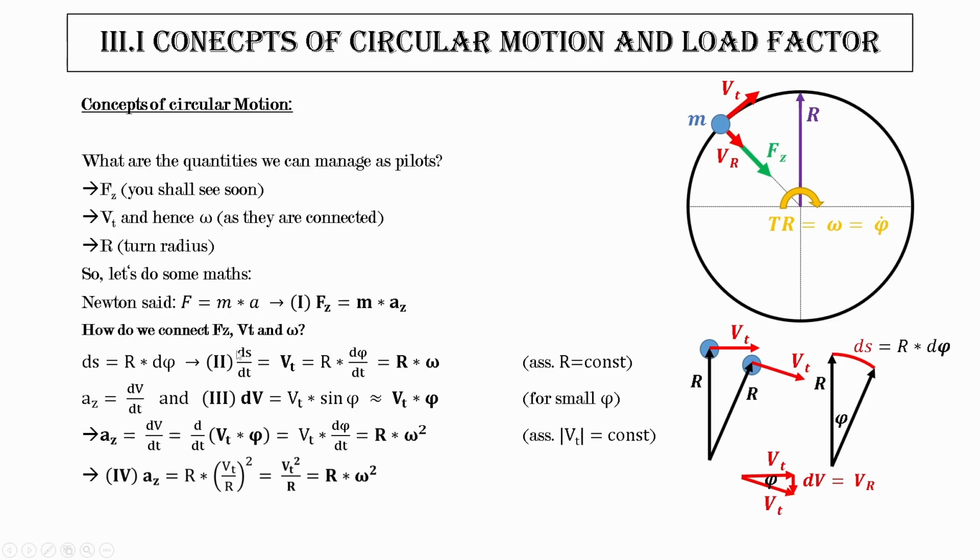So the distance covered, we could write s dot or ds over dt. And this is our tangential velocity, because our arc is basically in the same direction as our tangential velocity.